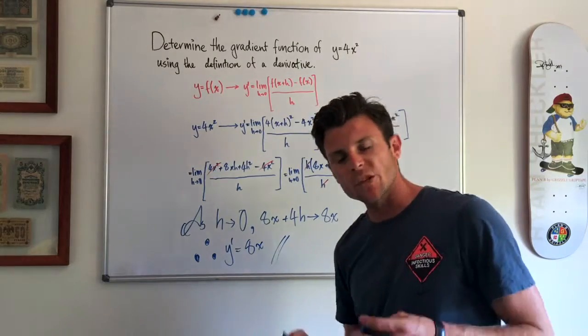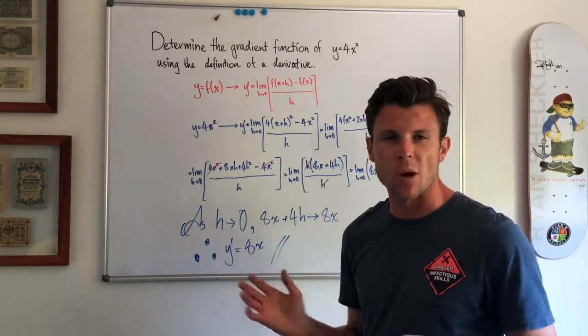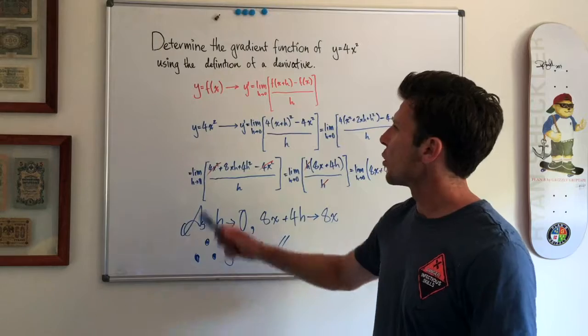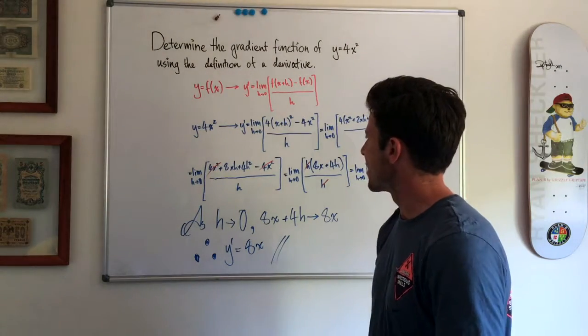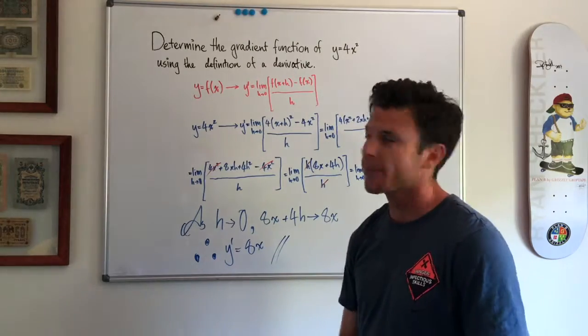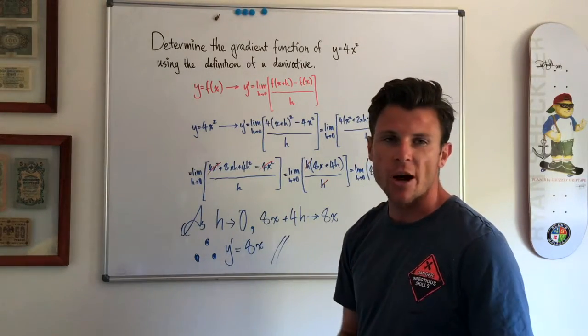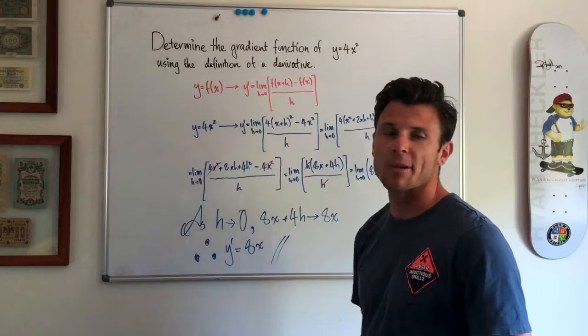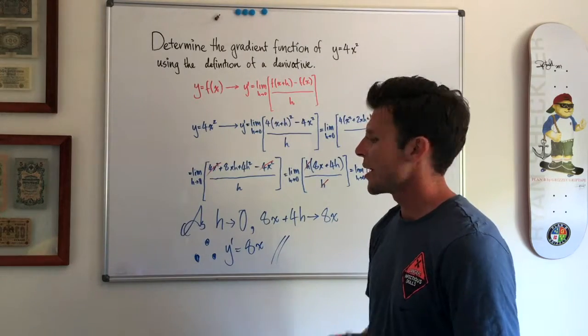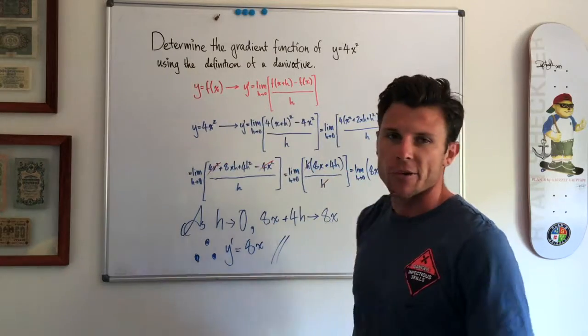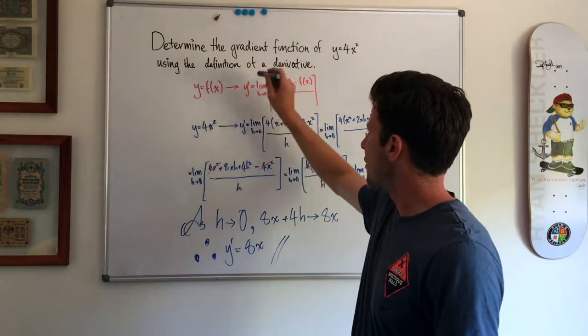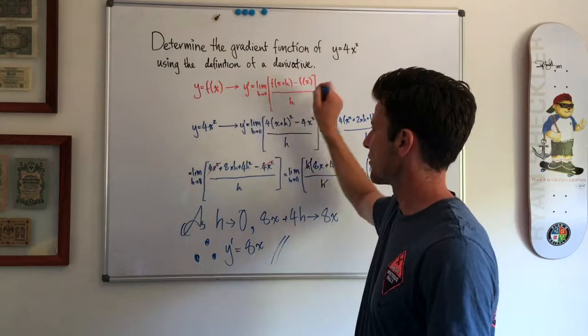Cool. So let's go through the steps one more time. First of all, in an exam situation, not one similar to this where there is no pressure, in an exam situation when you're under time pressure and this question may only be worth a couple of marks, you'll be rushing and stuff like that, I like to write this statement on the top. I like to define what the definition of a derivative is first.